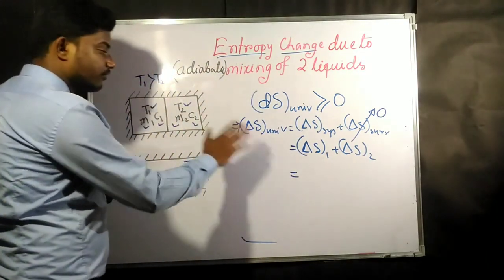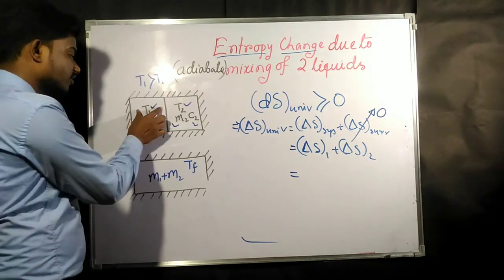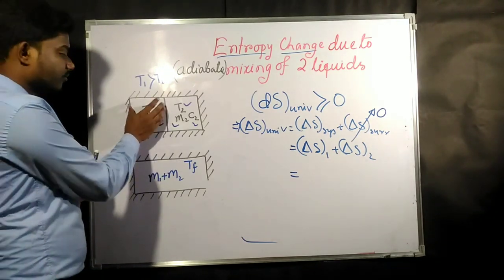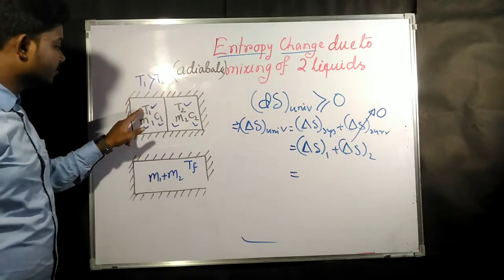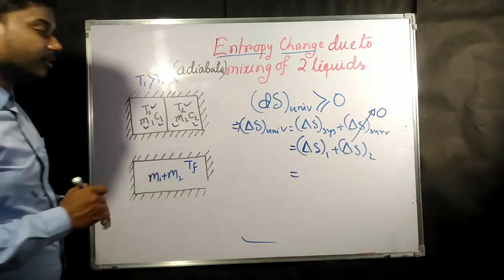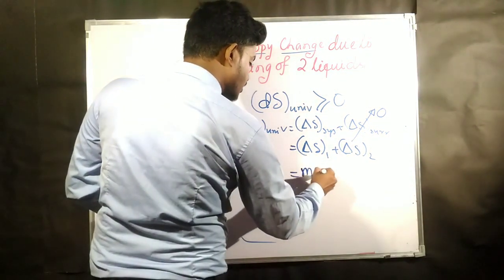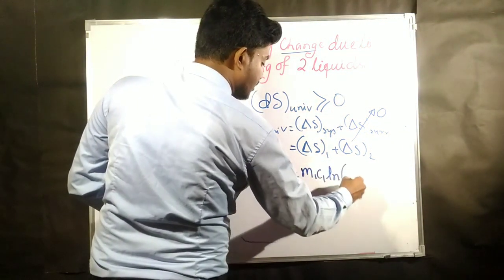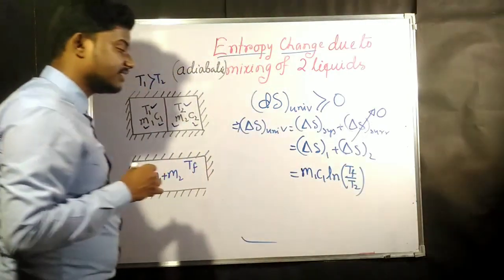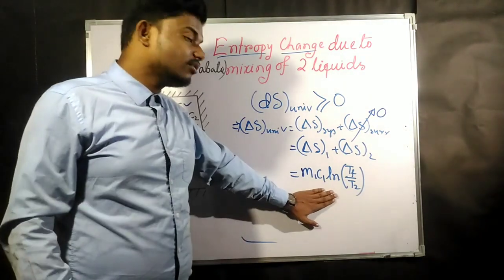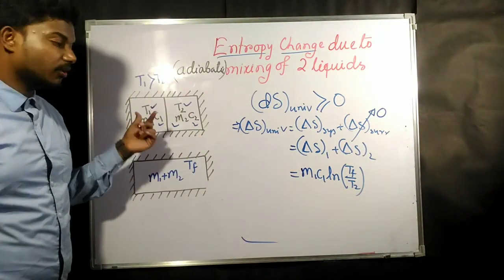For the hot fluid, this is also a finite temperature body, going from T1 to T final. So dS1 is going to be m1 into c1 into ln of T final by T1. This is going to be our entropy change for this body.